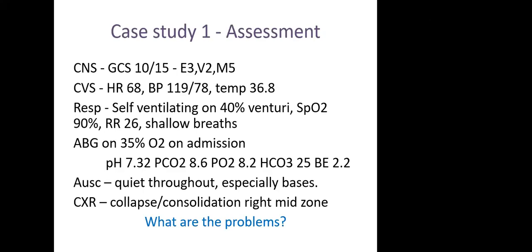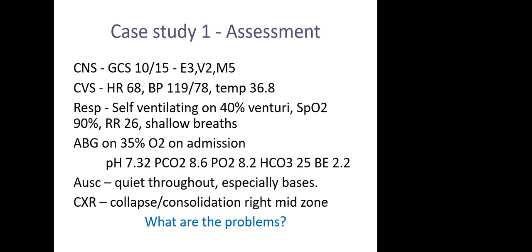This next slide just shows you some of the information from the assessment, and we'll have a think about what the problems are. So we're going to move on to another Mentimeter slide to share a few ideas in a moment. Neurologically, they are scoring 10 out of 15 with their GCS.